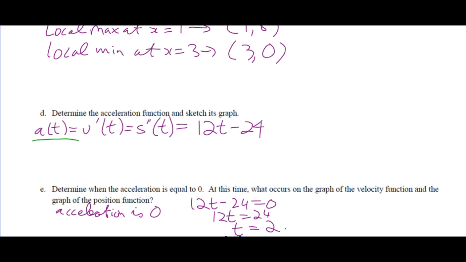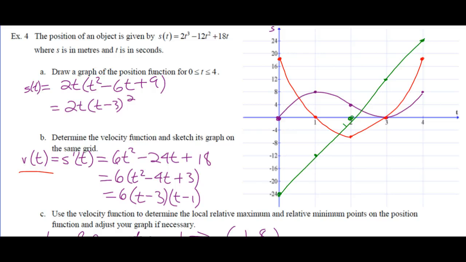At this time, what occurs on the graph of the velocity function and the graph of the position function? So at time 2, when the acceleration is 0, what do we have on the velocity function? A local minimum, right? So we have a minimum. It's going to be a max or a min. In this case, it's a minimum. So we have a minimum velocity. And what's happening on the position function?